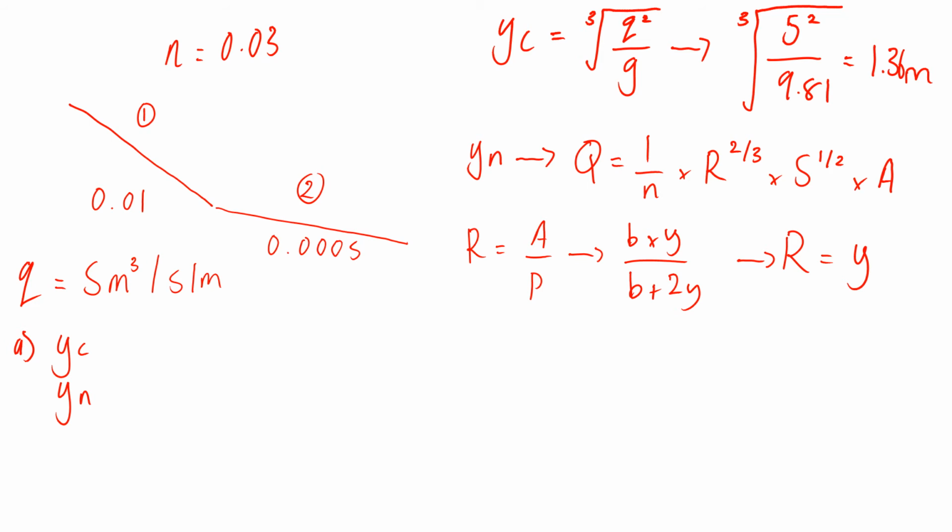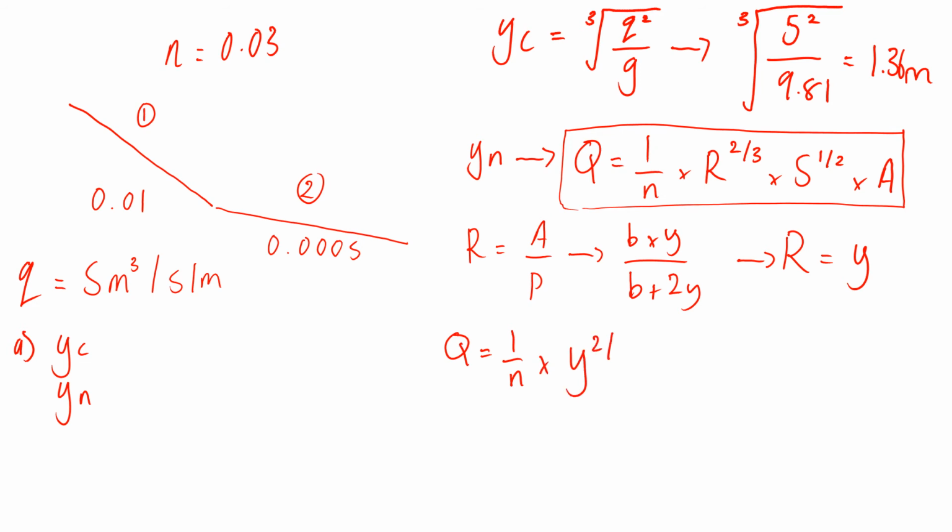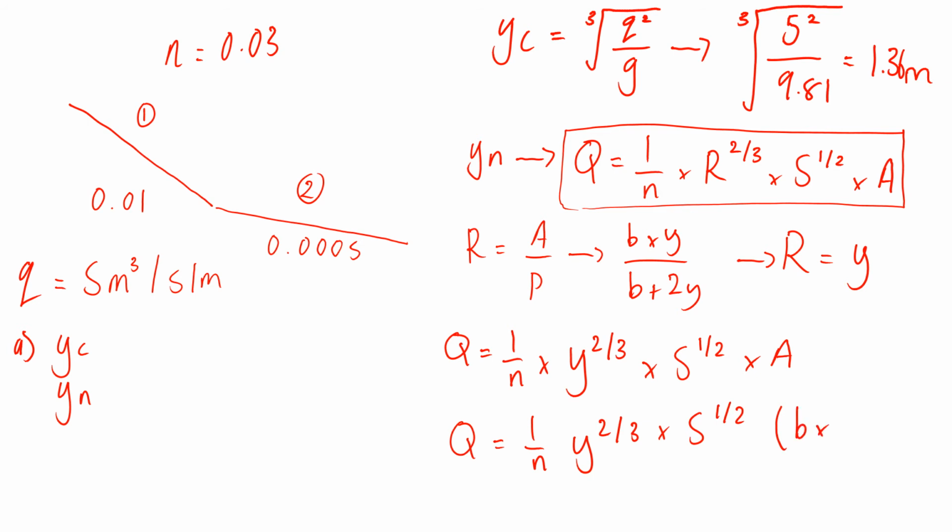So this equation now becomes Q equals 1 over n times y to the 2 over 3 times s to the half times A, and area is just b times y.